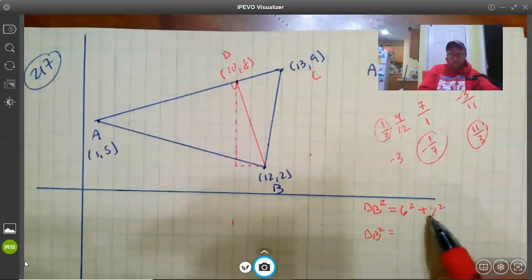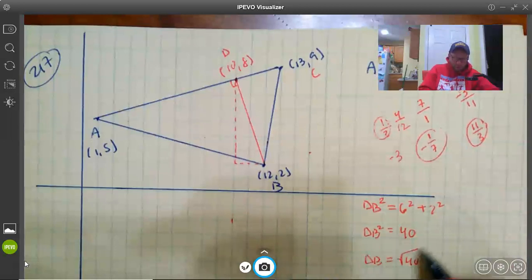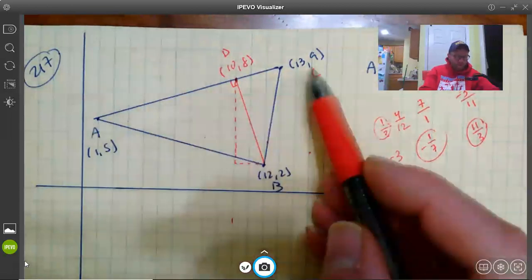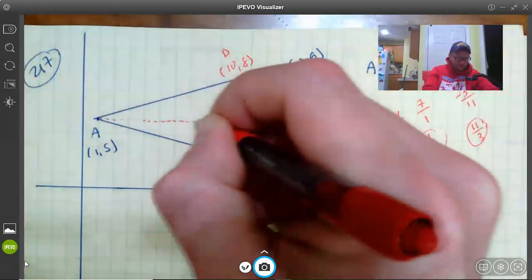That's 36, and 4 is 40. And so DB equals square root of 40. Now the distance from A to C. So let's go over.